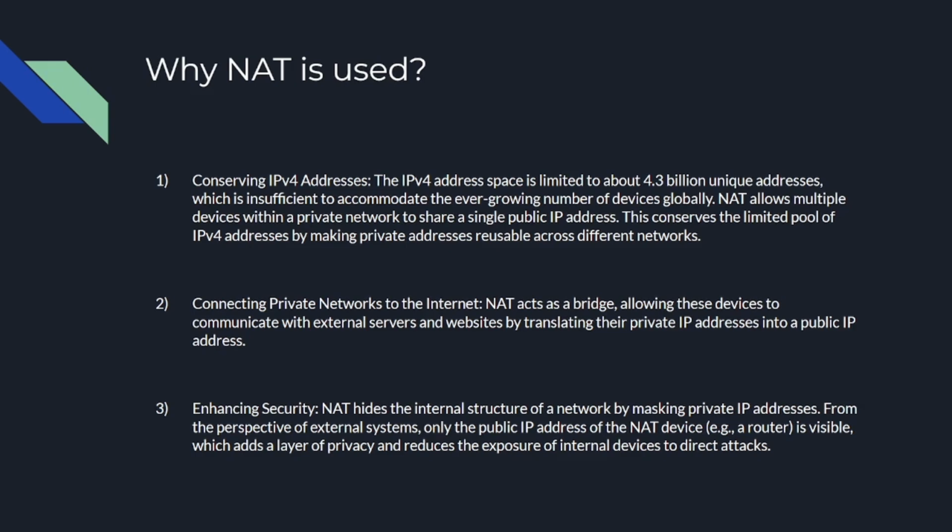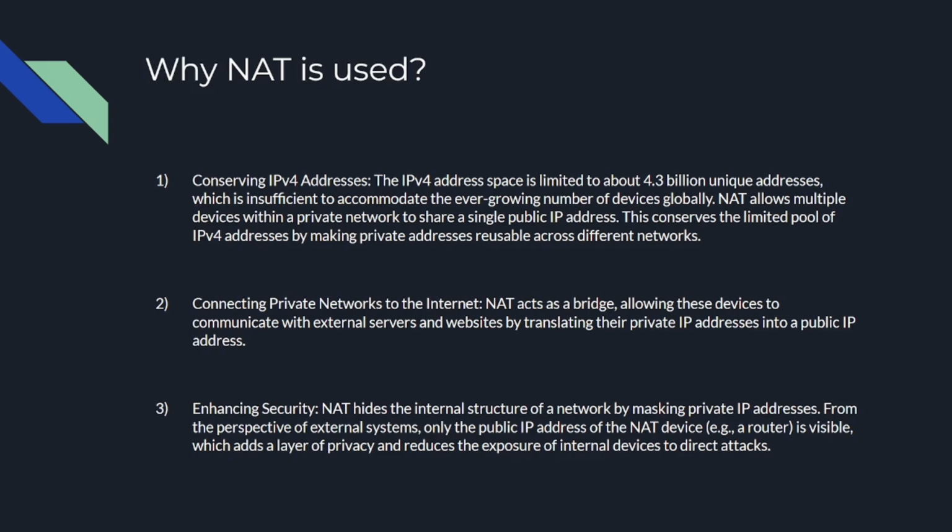As we have mentioned in the very first slide, IP version 4 addressing is limited to only about 4.3 billion unique addresses, which is insufficient because the number of digital devices is continuously growing, and due to this growth we cannot allocate just 4.3 billion unique addresses.